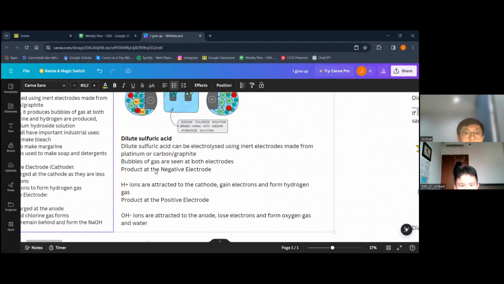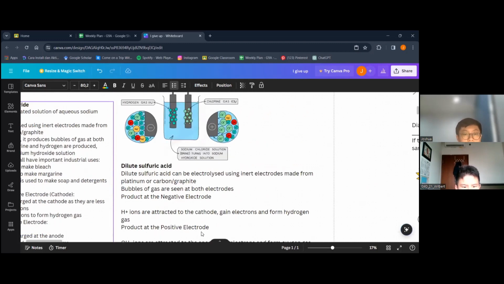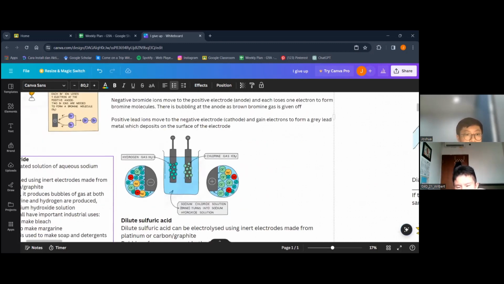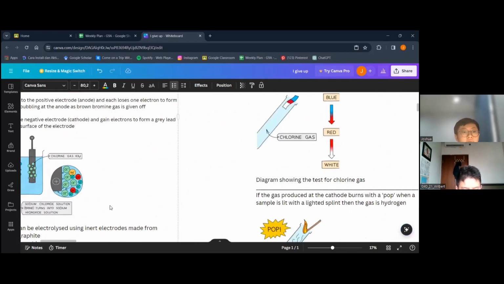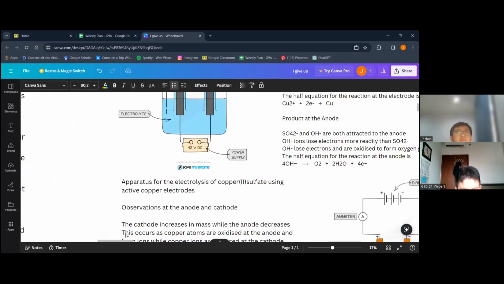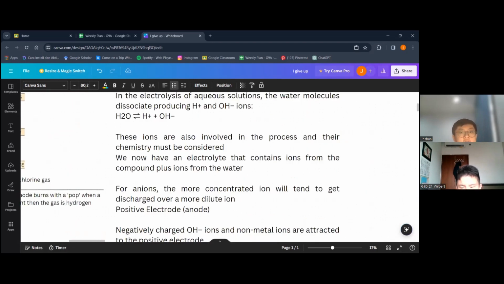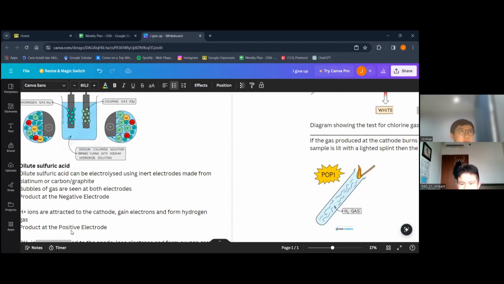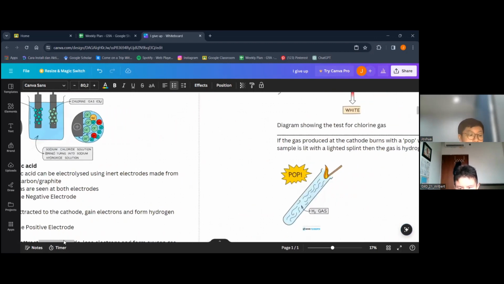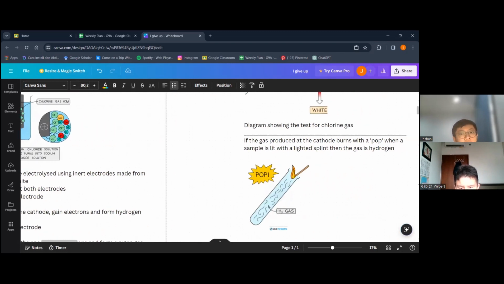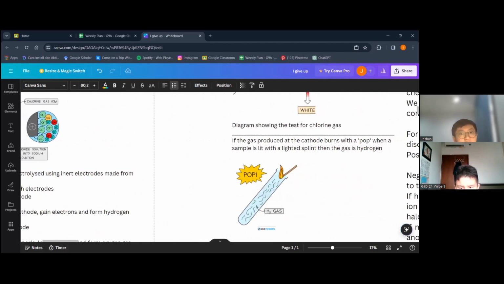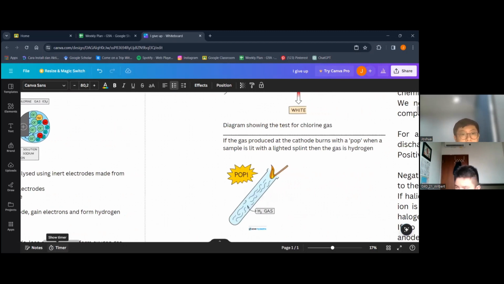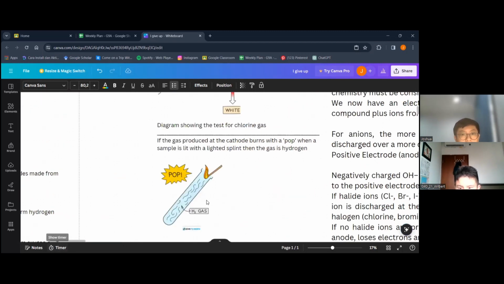But the difference here is, like before, it's also hydrogen at the cathode, because the metal in there isn't exactly a metal in sulfuric acid, because it's a covalent bond. Hydrogen is a non-metal, sulfur is a non-metal, oxygen is also a non-metal, so they share their electrons.